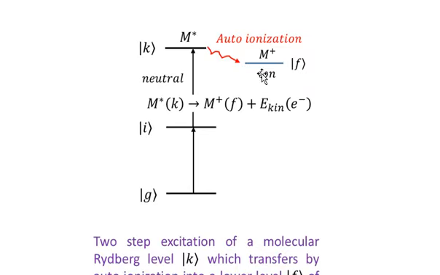That is, the molecule is now in the ionic state, and the electron, which we here call the Rydberg electron, has left the molecule. And under the condition that M star in the K state decays into M ionized in the F state, the difference of these two states will appear as the kinetic energy of the electron.